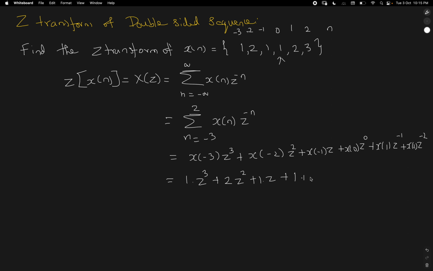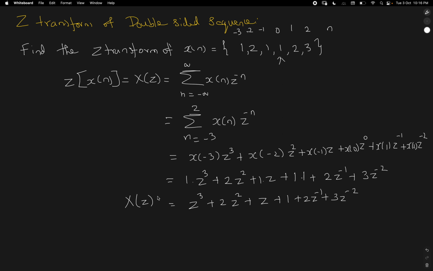So I am just replacing with 1, plus x of 1 is 2, so 2 into z power minus 1, plus 3 into z power minus 2. So after multiplication it will become z cube plus 2z square plus z plus 1 plus 2z inverse plus 3z power minus 2. So this is the Z transform of x of n, which is nothing but X of z.